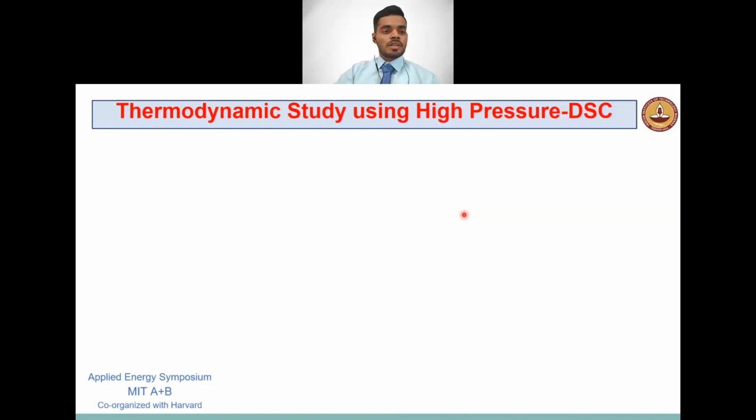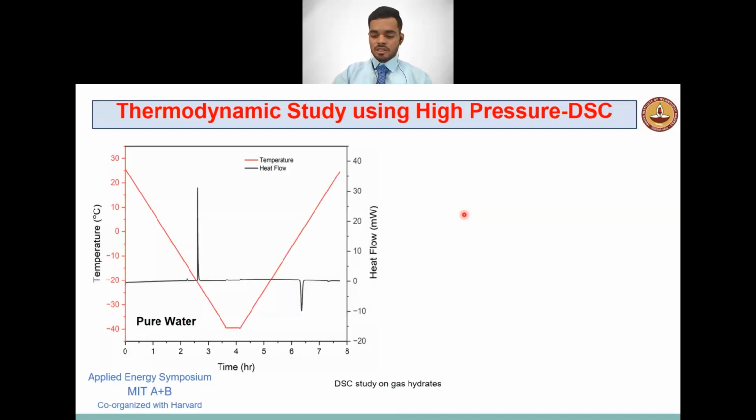We have also performed a thermodynamic study using high pressure DSC, which is one of the sophisticated equipment present in our lab. This is the data we obtained from it. Basically, in this equipment, we fix a cycle in which we reduce the temperature from 25 degrees centigrade to minus 40 degrees centigrade, and after some time we increase the temperature again to 25 degrees centigrade.